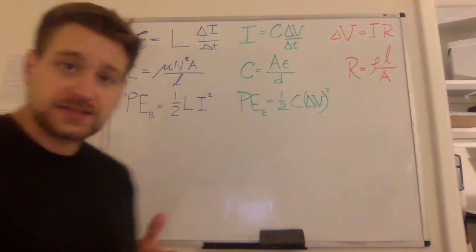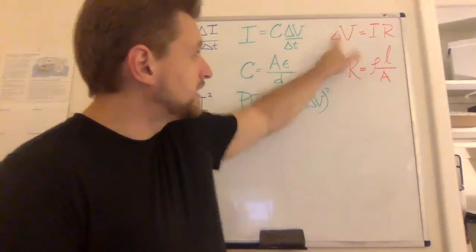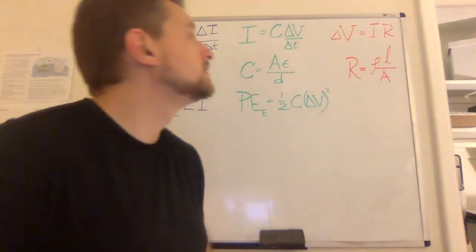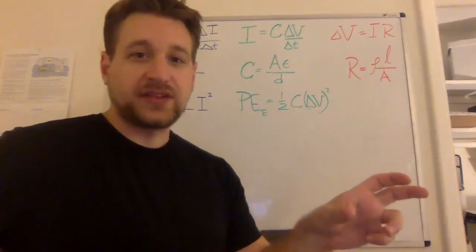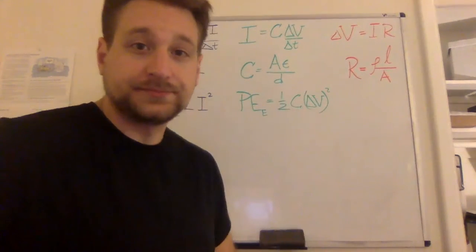It might be nice to have an equation like this, to just say, all right, the potential difference across the capacitor is this when this much current goes through it.